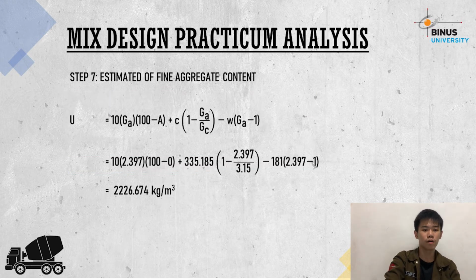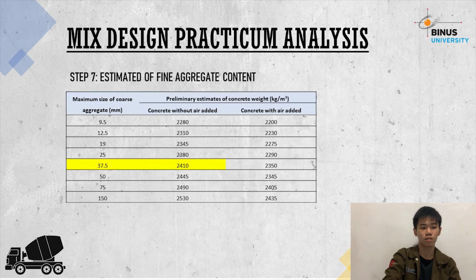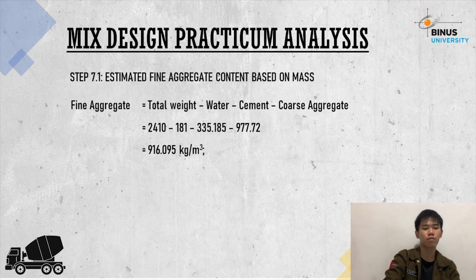The amount used will be the bigger one. It is shown that the bigger value goes to table 1, which is 2,410 kg per cubic meter. Therefore, by subtracting the cement, water, and coarse aggregate from the total amount, the value of fine aggregate will be 916.095 kg per cubic meter.